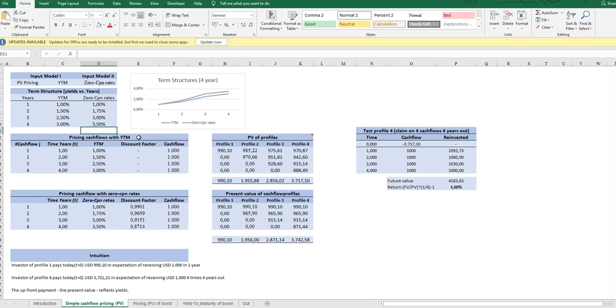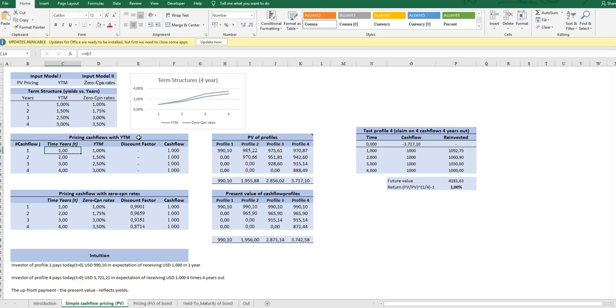So now we will look at 4 different models of pricing on each curve, and let's just start with the yield to maturity. I make a box here. I have on the left hand four cash flows, or at least the numerization of the cash flow.